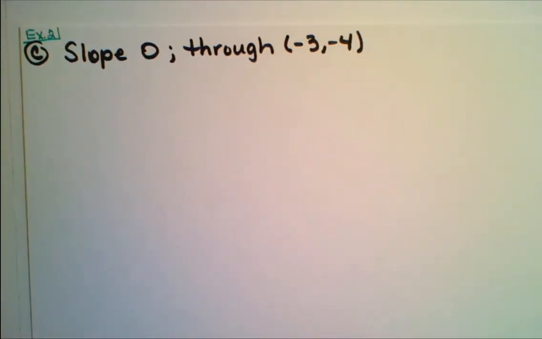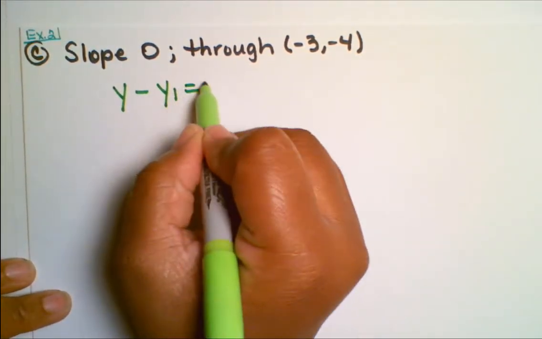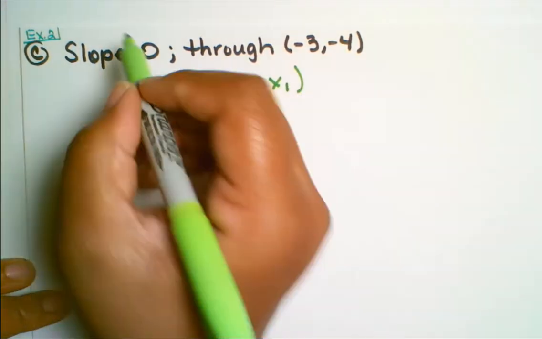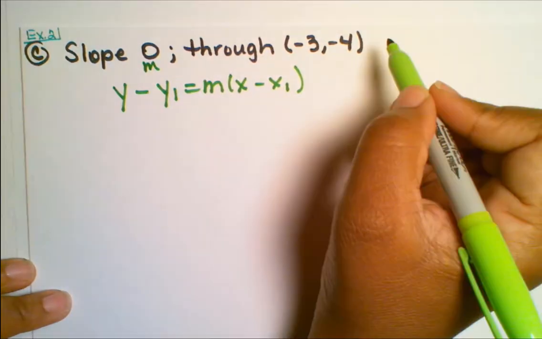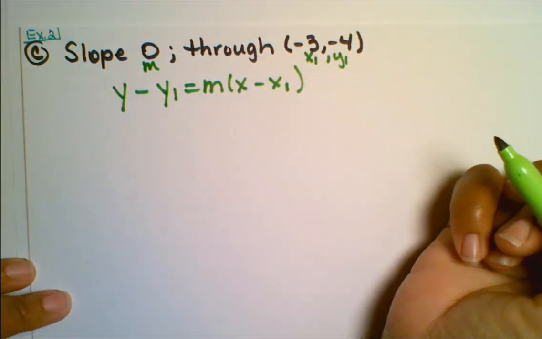It says here we have a slope of 0 through the following point, -3, -4. So we're going to use the point slope formula again. We have a slope of 0, and we have a set of ordered pairs, -3, -4.